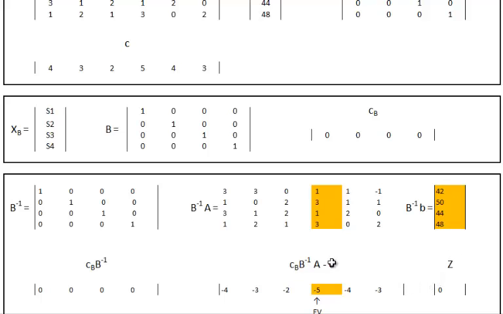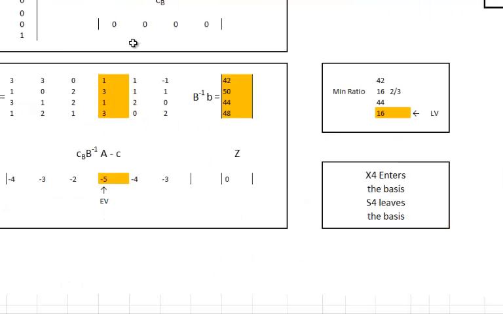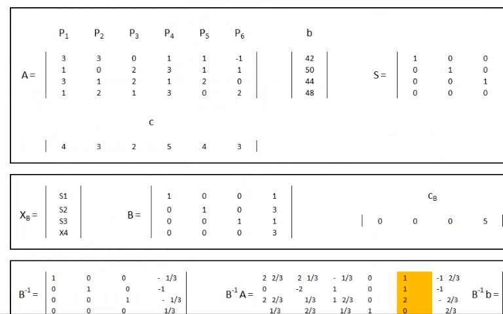When we do the calculations for this first tableau, we will notice that the entering variable is this variable X4. When we do the calculation for the min ratio, the leaving variable is going to be S4. So X4 enters and S4 leaves.